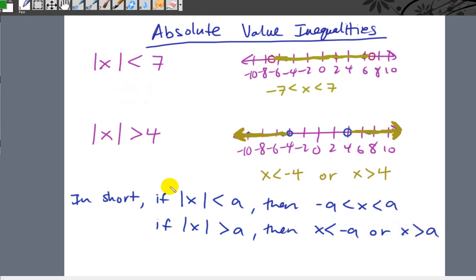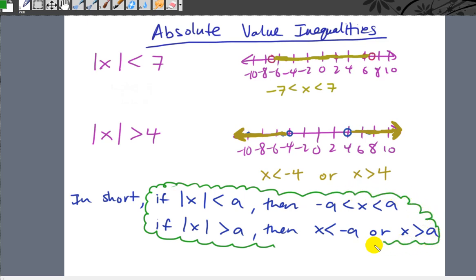I'm going to put this in a little bubble here, because we're going to manipulate each of these in some shape or form. These are easily adjusted. If we had less than or equal to, then this becomes this. If we have greater than or equal to, then this becomes this and this.